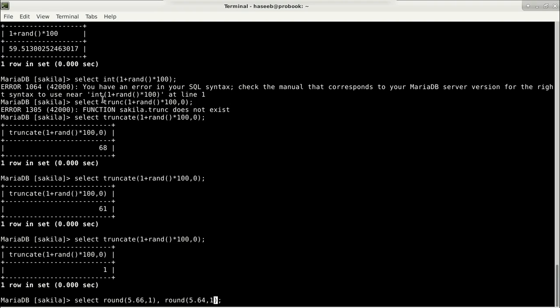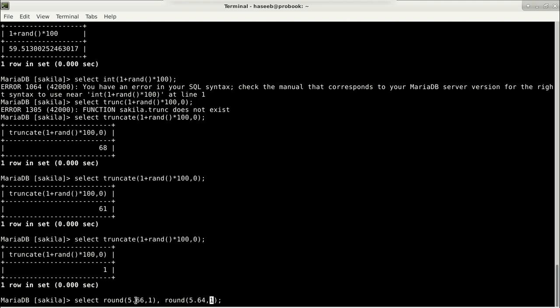So the round function will check the number at the second decimal place. In case of 5.66, the second number is 6. If the number at the second place is greater than or equal to 5, then the number at the first place will be incremented by 1.